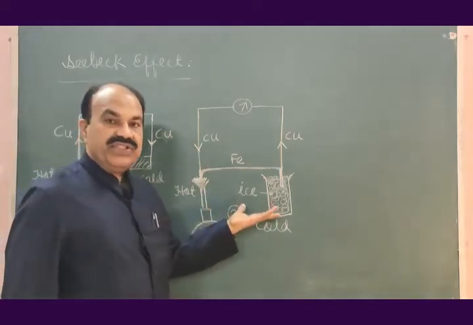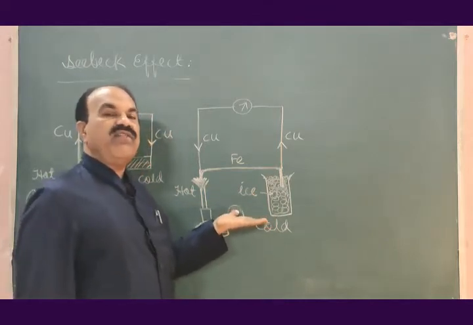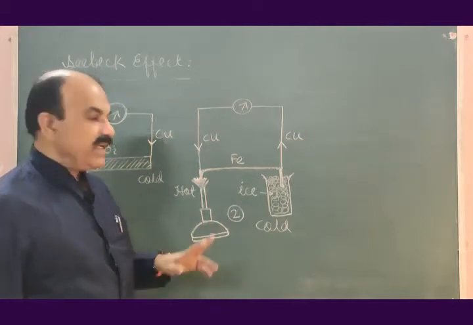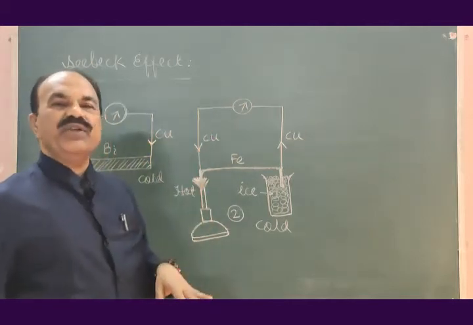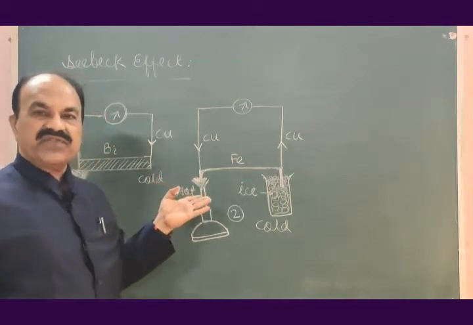When this setting is done, Seebeck found that the galvanometer shows deflection. It means that the current is flowing through the galvanometer. Now in this case, how is the current flowing?